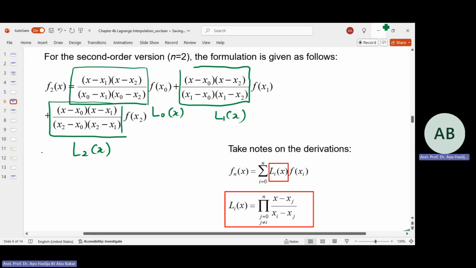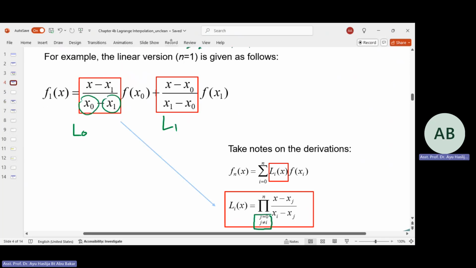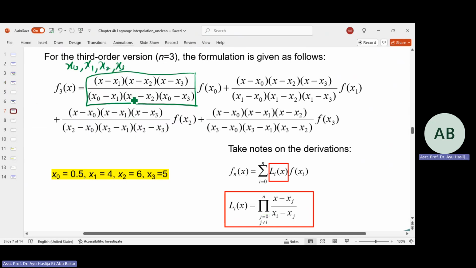You can see if your n is 2, only up to x2. If your n is 1, you only have x1. L2, L3 up to x3.